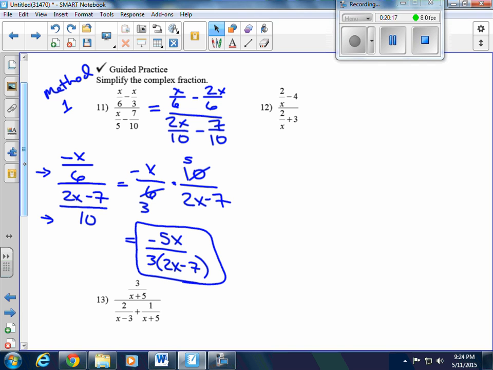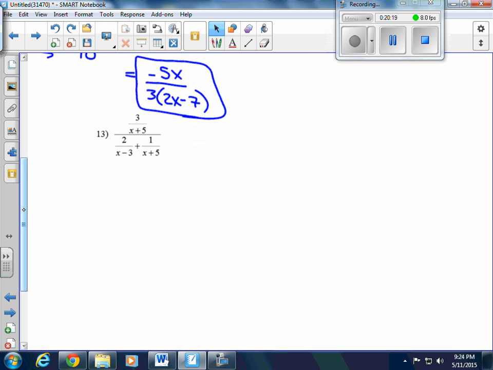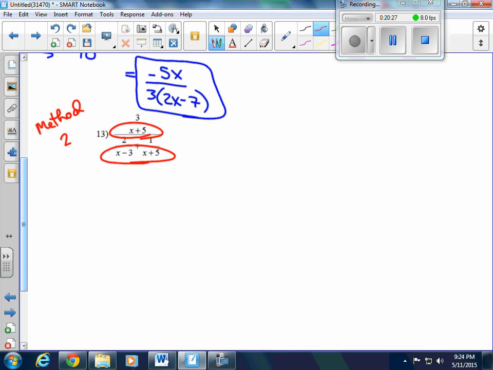So we're going to jump down to question 13, and in this one, we're going to use method 2. And remember, method 2 says I'm going to get a common denominator between all of these. The reason I would use method 2 in this case is because notice I have an x plus 5 in my top fraction, and I have an x plus 5 in one of the bottom fractions.